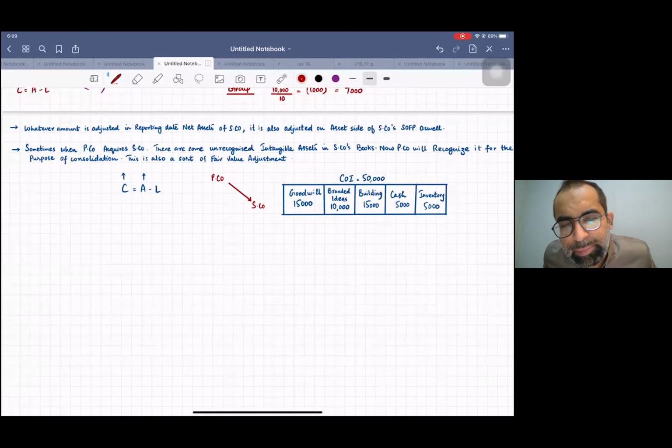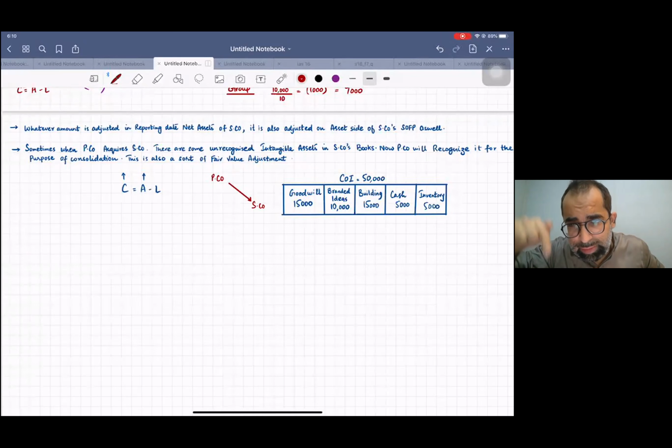So according to IAS 38, I hope you remember IAS 38, a company cannot recognize its own internally generated brand.